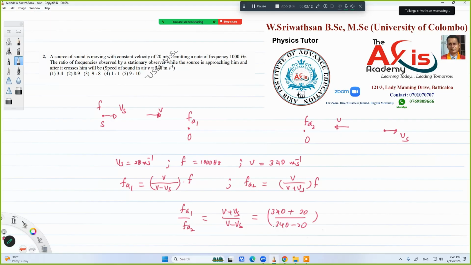If you solve this, that will be 360 over 320, which is 9 over 8. So the answer is 9:8. FA1 to FA2 will be 9:8. So the option is the third one.